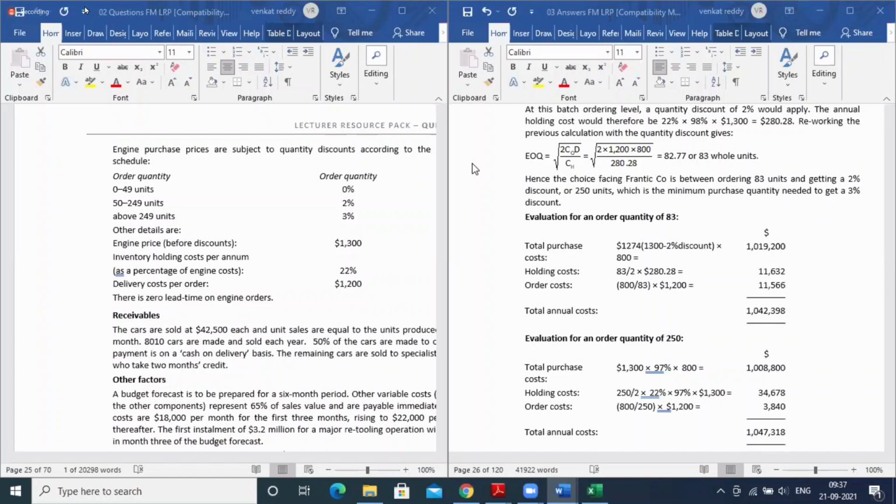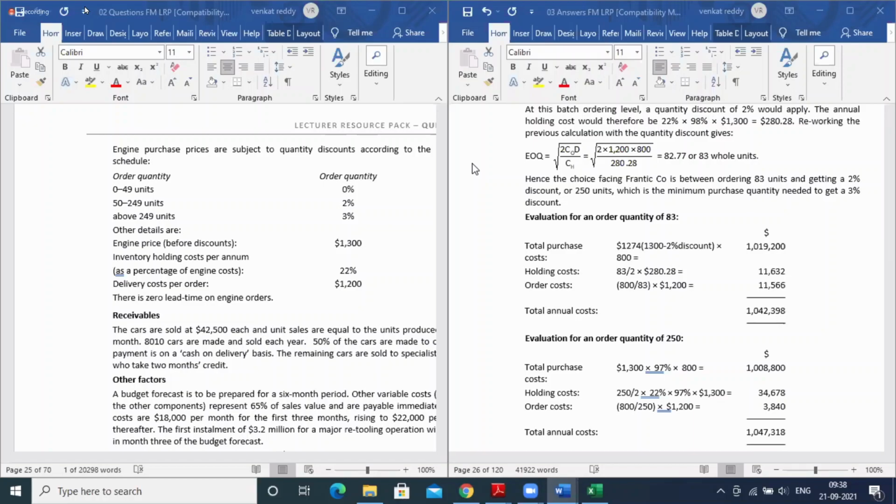So what will be the annual holding cost? In this annual holding cost, we need to assume that we take the average EOQ. Whenever you are placing a new order, you are placing an order for 83 units. So in order to calculate the holding cost, we need to take the average of that.